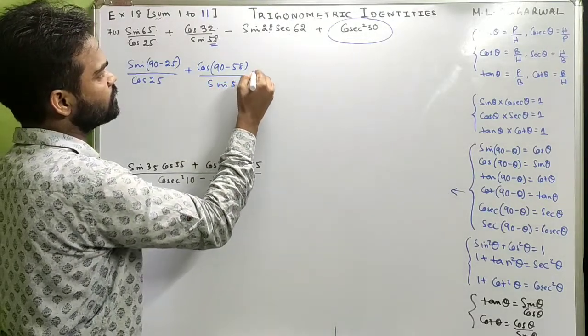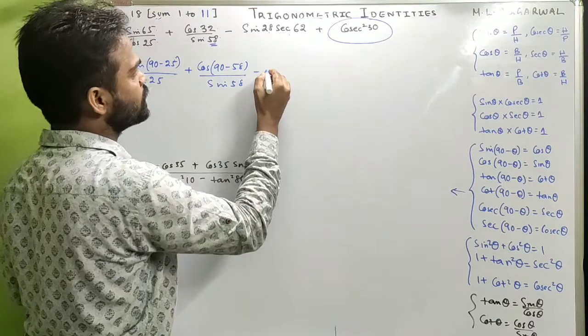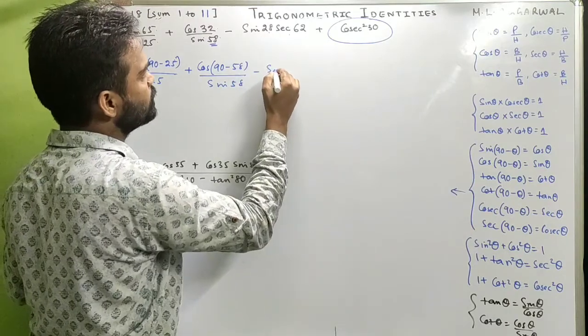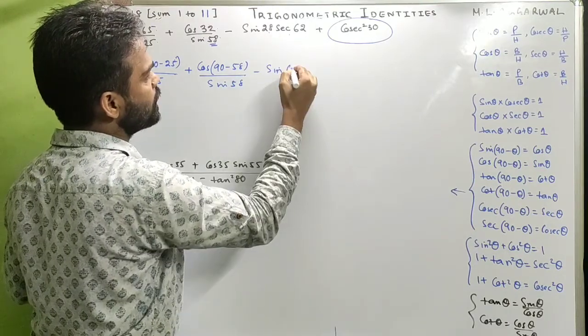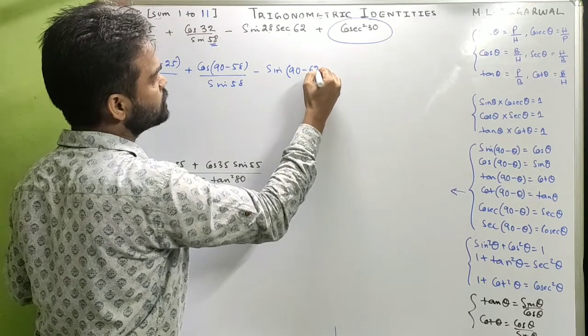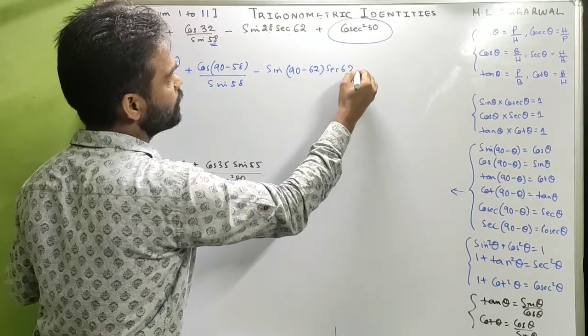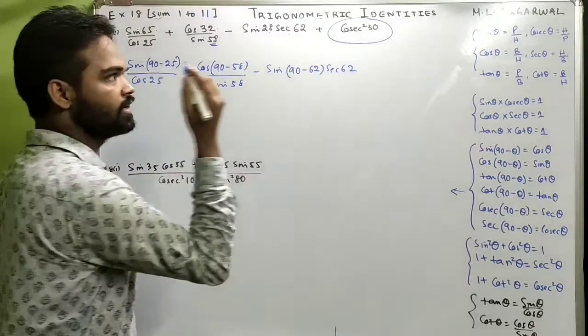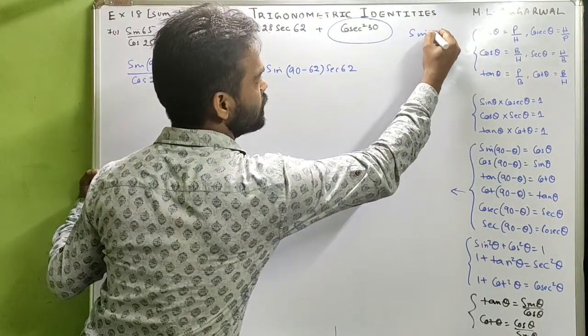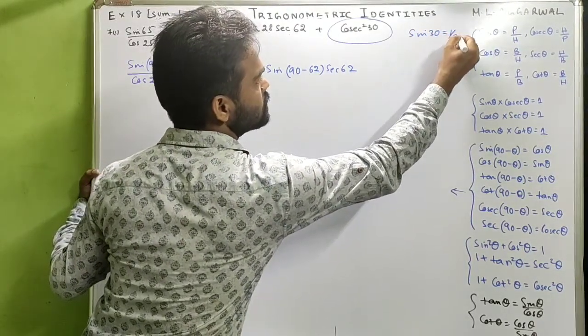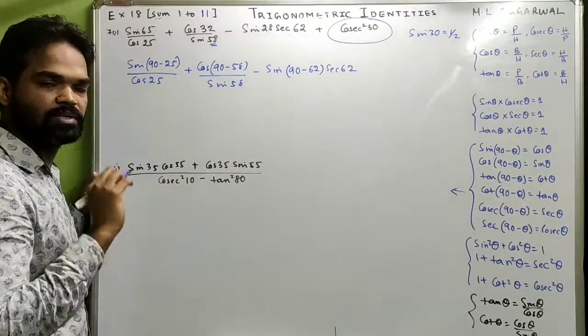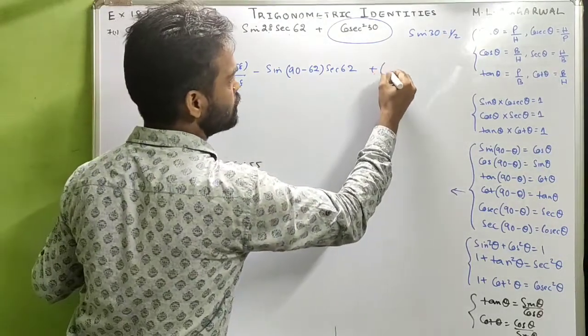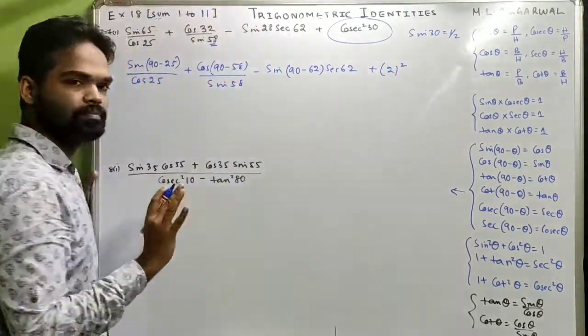Sin 58 minus. I'll change one of the angles. This is 90 minus 62. Sec 62. Now, cosec square 30. We have already done it in class 9. Sin 30 is half. So cosec 30 will be 2. So that's 2 square. Done.